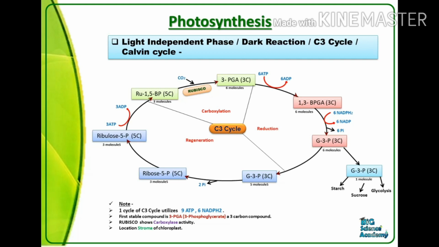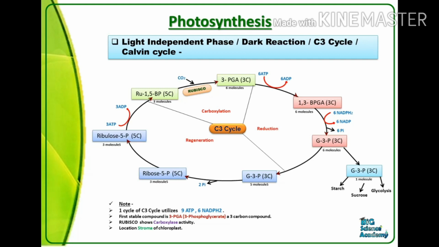First, the molecule ribulose 1,5-bisphosphate, which is a 5 carbon containing carbohydrate present in a number of 3 molecules, is converted to 3-PGA or 3-phosphoglyceric acid, which is a 3 carbon containing compound which is produced in 6 molecules number.